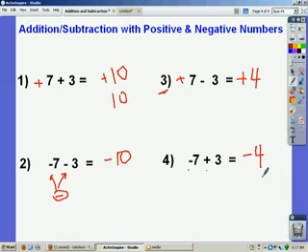By how much? Well, 7 minus 3 is 4. Therefore, the final answer will be negative 4. Okay, at this point, I ran through these questions pretty quickly, but again, you could pause it, think about it for yourself, and make sure you understand how we got those answers. Okay, thank you.